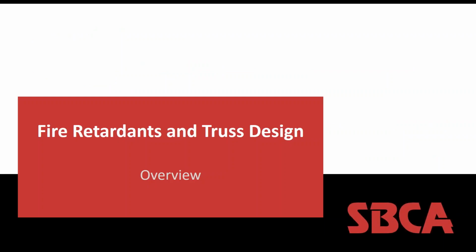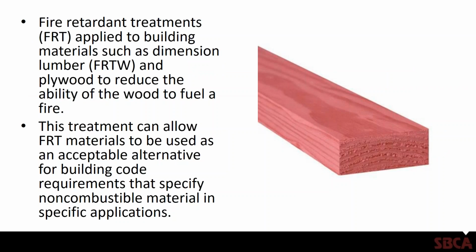Okay, so let's talk a little bit now about fire retardants and truss design. Fire retardant treatments are typically applied to building materials such as dimension lumber, and many times you'll see that referred to as fire-retardant-treated wood, and plywood, to reduce the ability of the wood to fuel a fire.